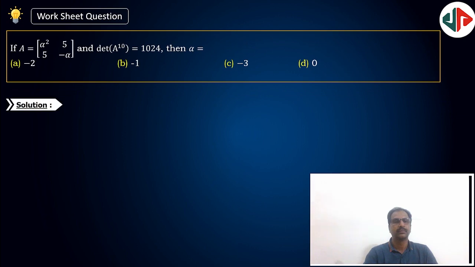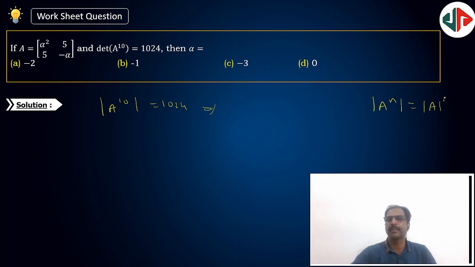Next, det of A power 10 is equal to 1024, given. See, det of A power n is nothing but det A whole power n, where n is a natural number. So this can be written as det A whole power 10 is equal to 2 power 10.